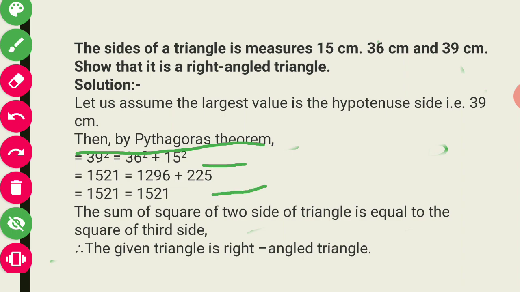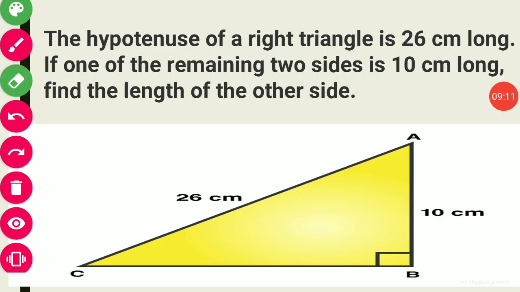Now add these two, you are getting 1521, and the square of 39 is also 1521. So you have seen both LHS and RHS are equal. That means the square of the hypotenuse is equal to the sum of the squares of the remaining two sides. Thus it's a right angle triangle. So this way you can verify whether a triangle is a right angle triangle or not by using the Pythagoras theorem.